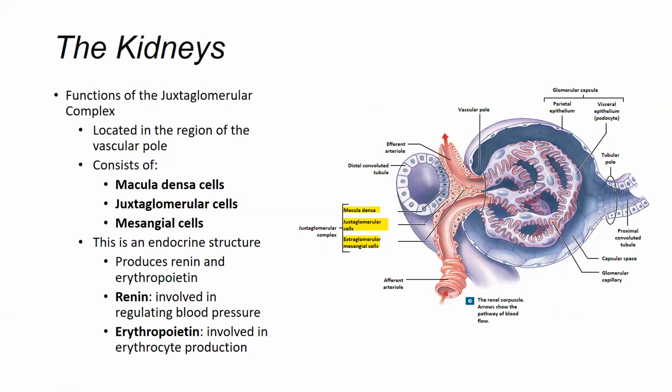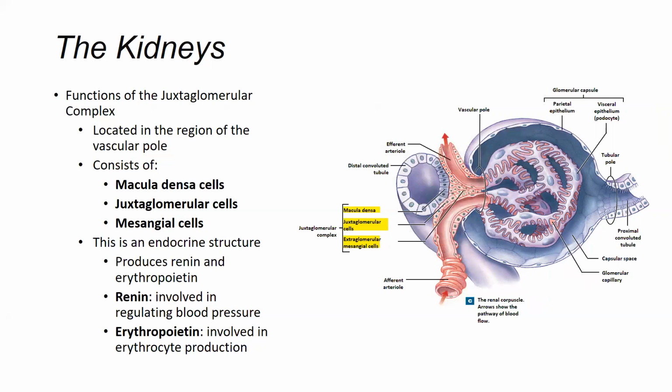It's part of the RAS system, the renin-angiotensin-aldosterone system, and that fine-tunes blood pressure. It maintains blood pressure and helps to keep perfusion. We'll talk more about this as we move on.